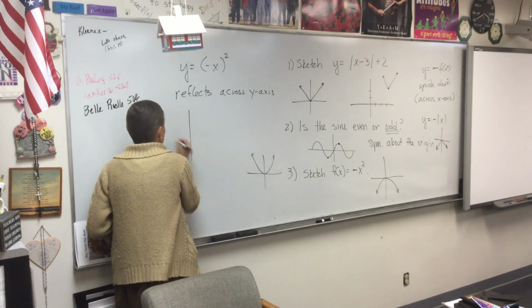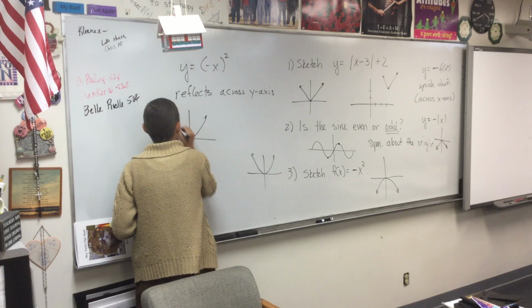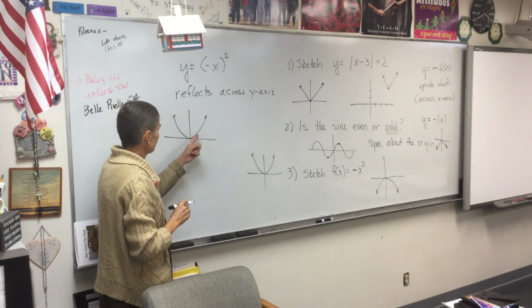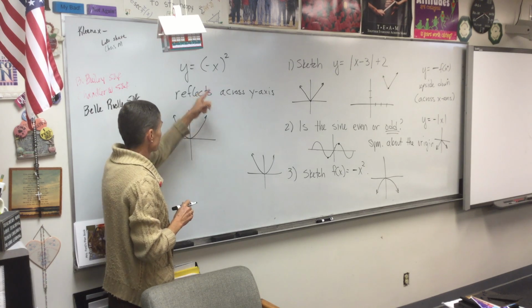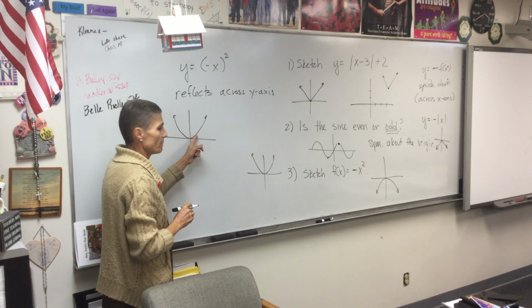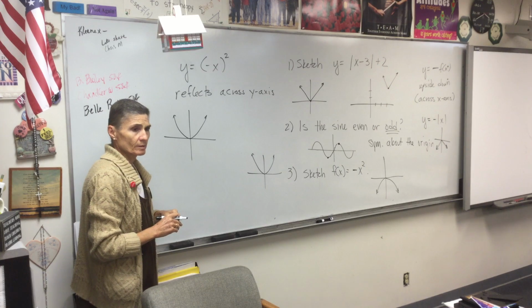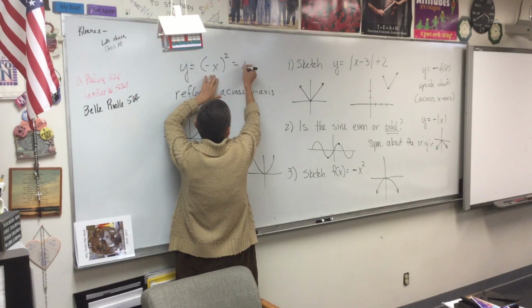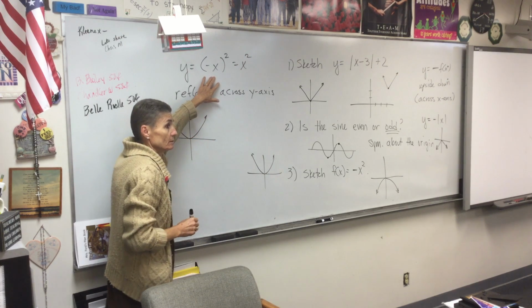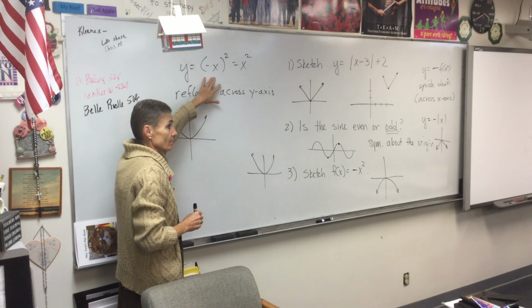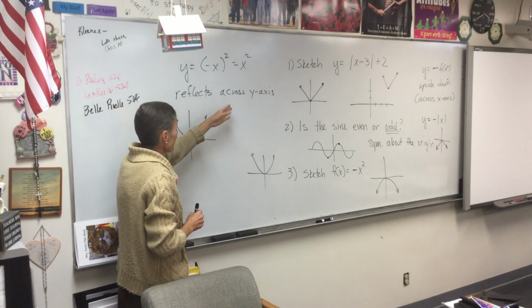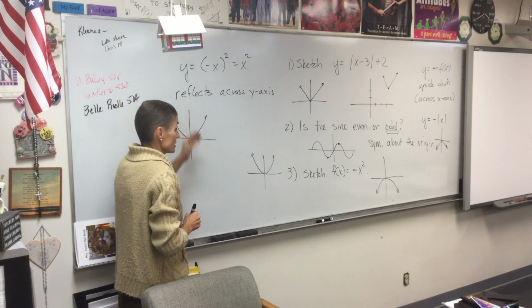Well, wait a minute. What happens if I flip this, my squaring function, across the y-axis? Isn't it the same picture? Doesn't that make sense? That it would be exactly the same picture? Yeah, so it's going to be the same, it's an even function. It's symmetric about the y-axis, so when I reflect this one, it's not going to make any difference.